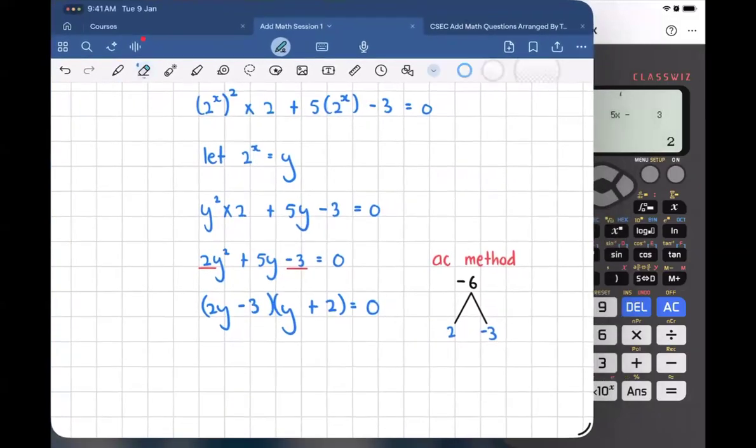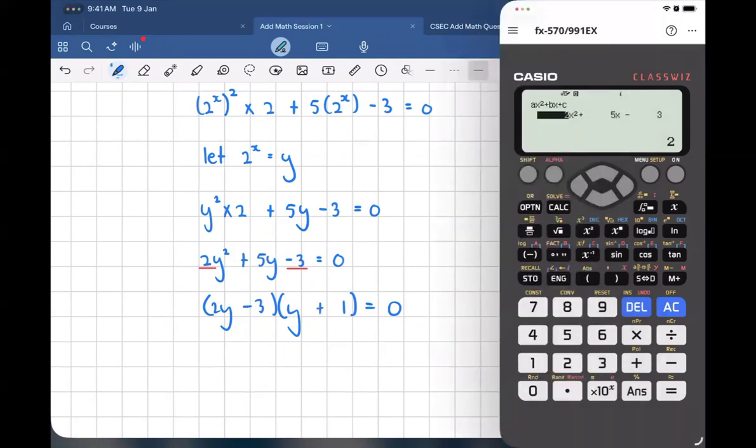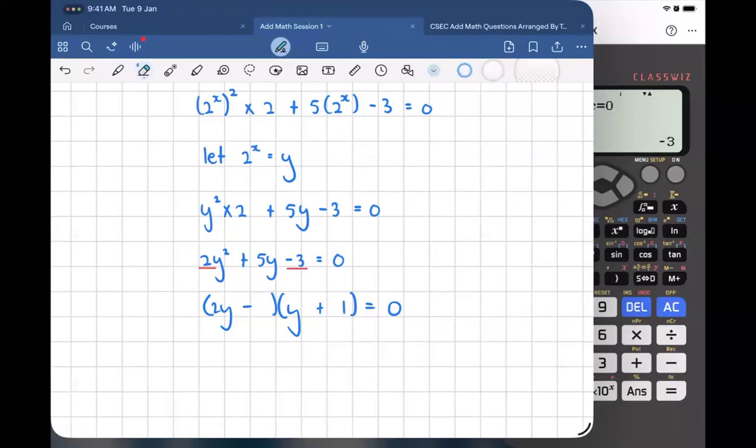That's interesting. Wait, give me a second. Let me just speed run the question in my head. 2y, y, 3, okay, no. Right, this is how it works out.